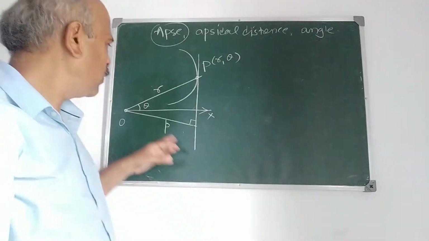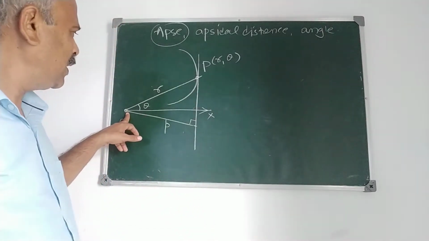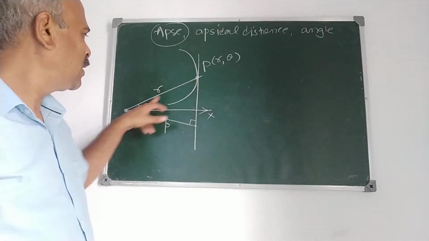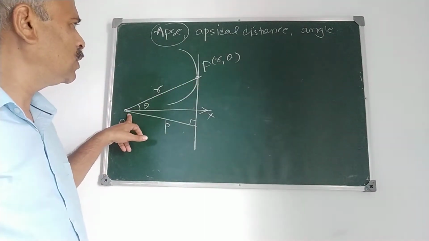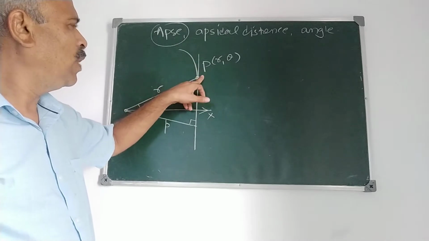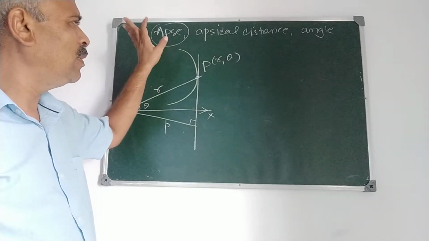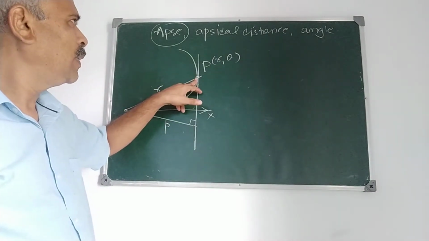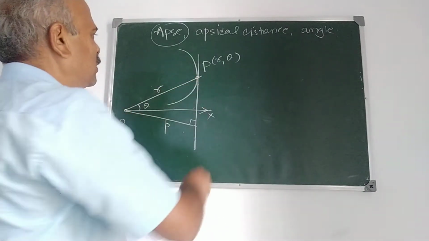Radius vector drawn from the center of the force. Center of the force is usually the pole. Radius vector drawn from the center of the force to the point is either maximum or minimum, and that point is called apse. And what is apsidal distance?